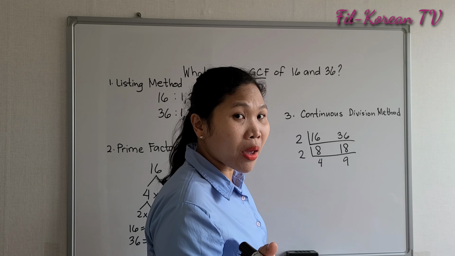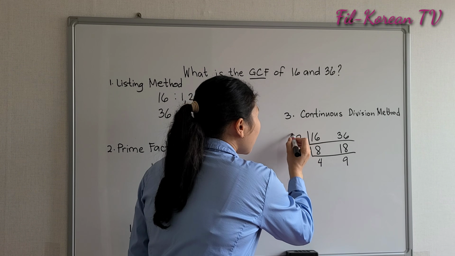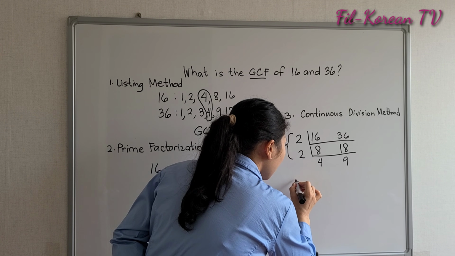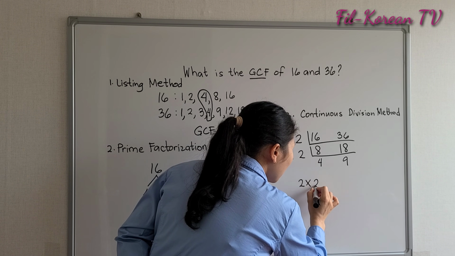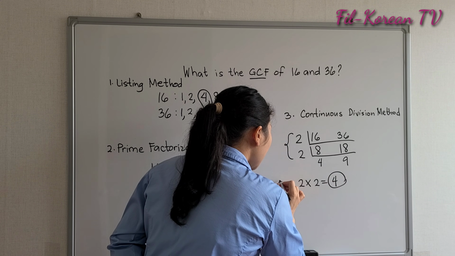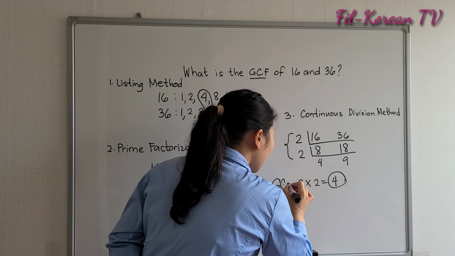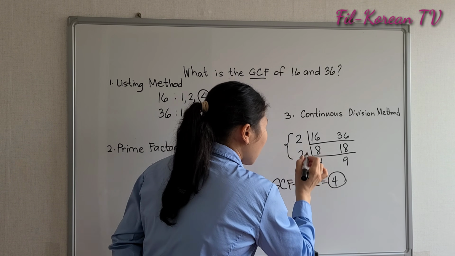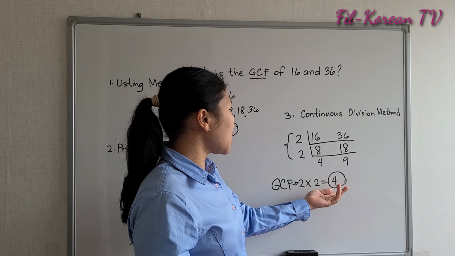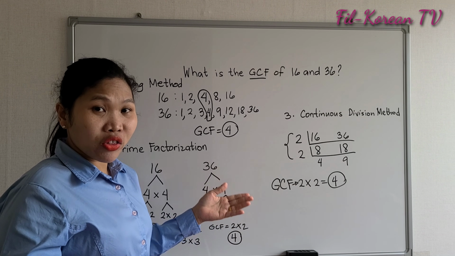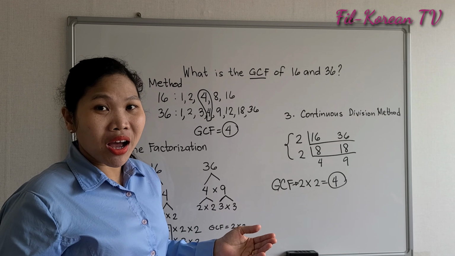The next step here is to multiply the prime divisors. So we will multiply this. 2 times 2 equals 4. And this is the GCF of 16 and 36. Okay, the GCF. So, different methods, but the same answer.